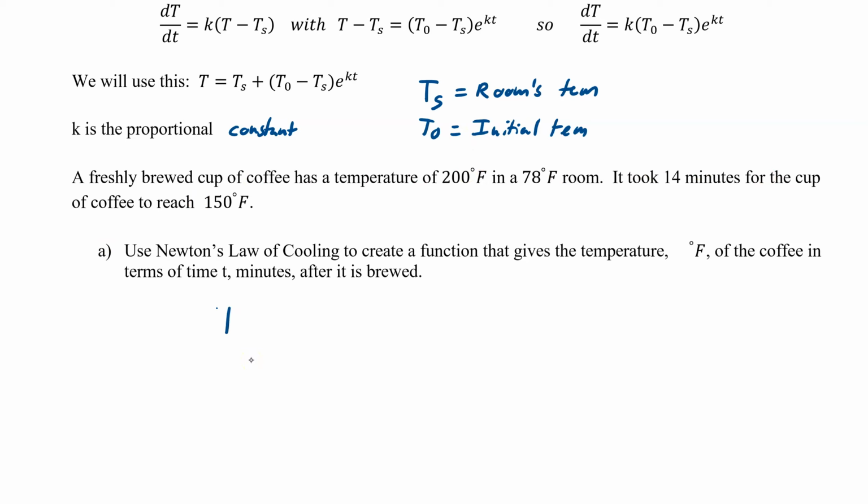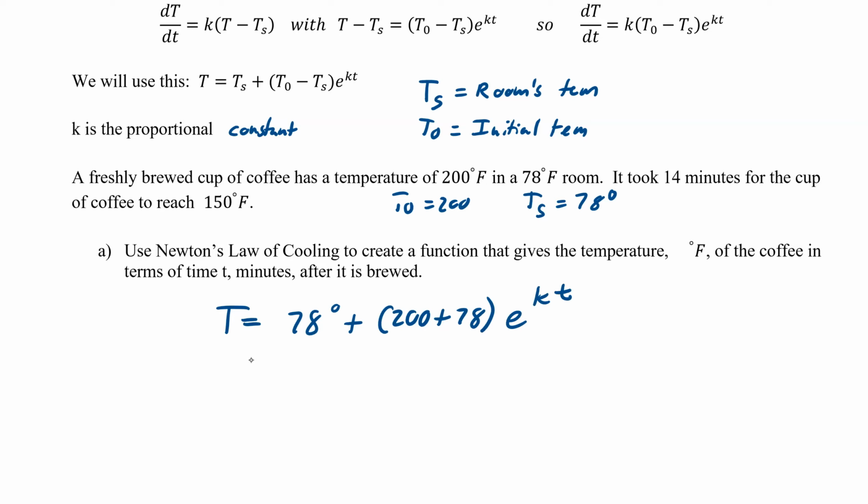So our Ts here is 78 degrees. So that's basically the temperature of the room. And the way you want to look at it is we're taking this temperature and we're adding to it the difference in the coffee. So our T sub 0 is 200. So if we plug that in, it's 200 plus 78 e to the kt. I mean minus, it's our difference.